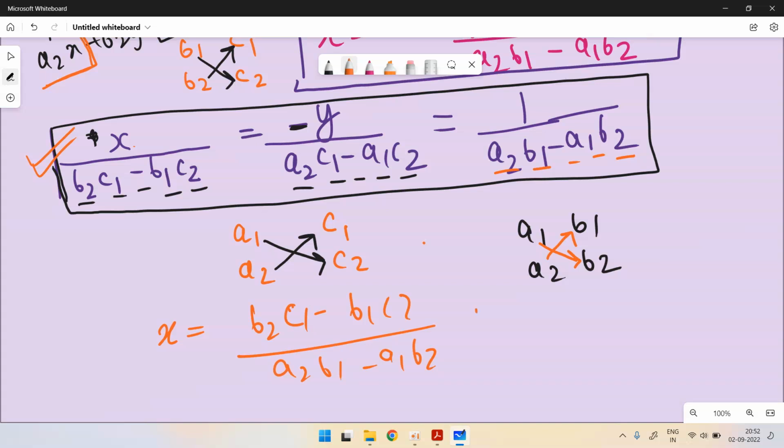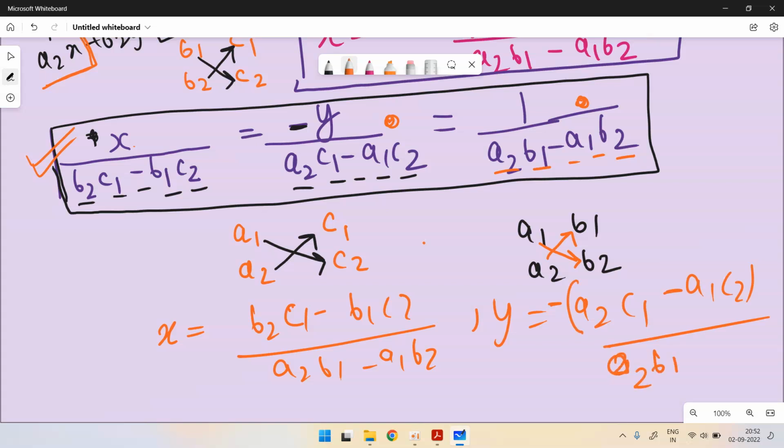And if you write y using this and this, y is a2 c1, and since there is a minus sign, you always write minus a2 c1 minus a1 c2 by a2 b1 minus a1 b2.